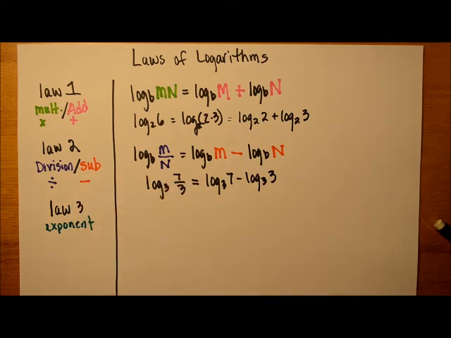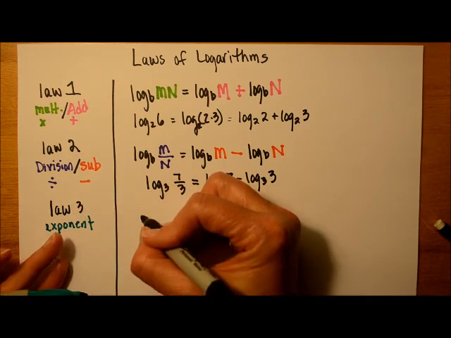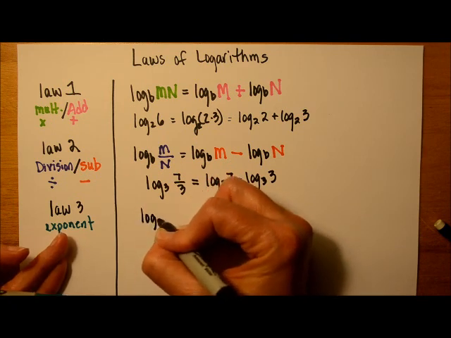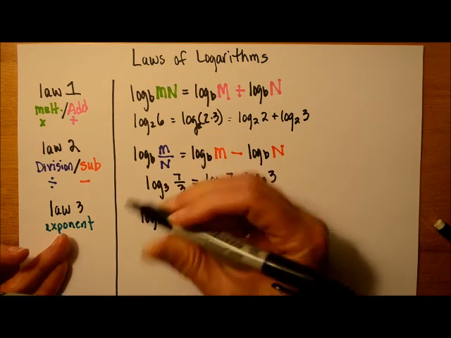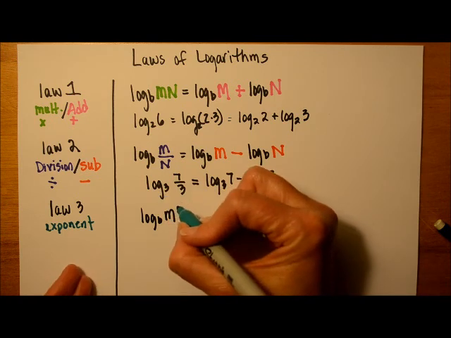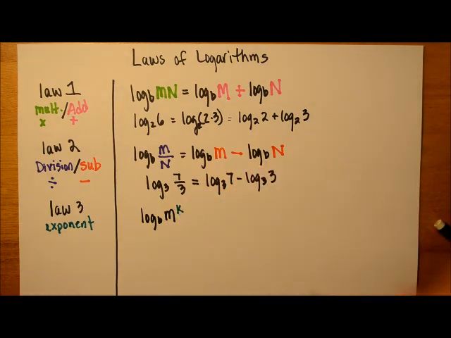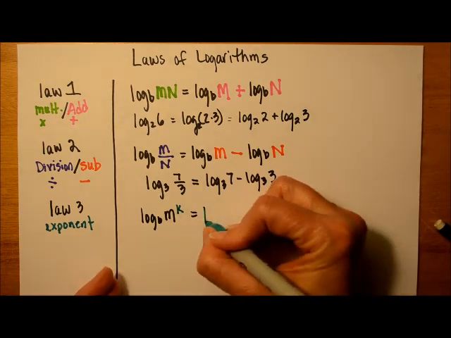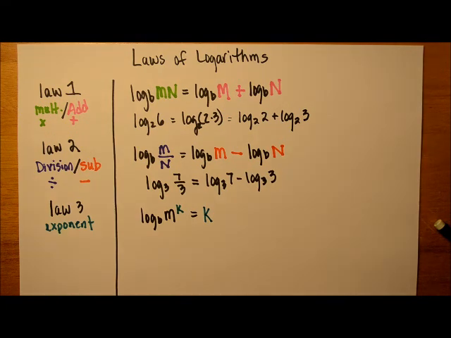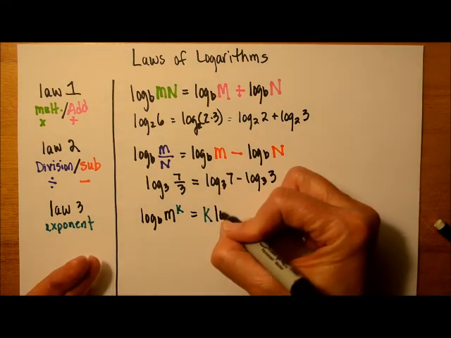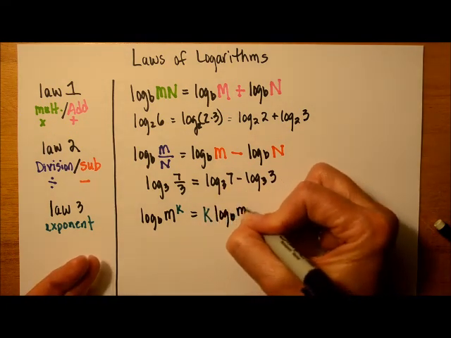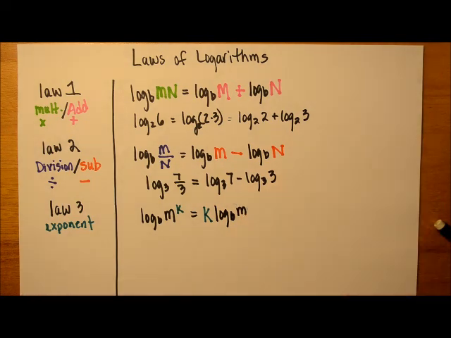It's the exponent one, and what it says is this: log base b of m to the k, so now it has an exponent, right, equals k, oh, we get to move it, log base b of m. Okay, so we're moving it. That's what that one is.